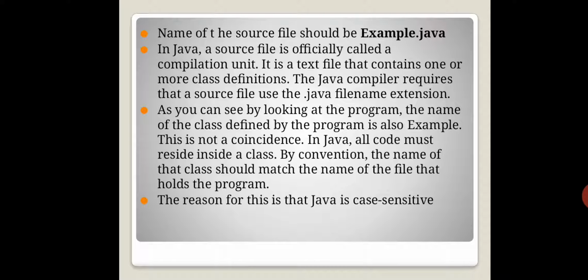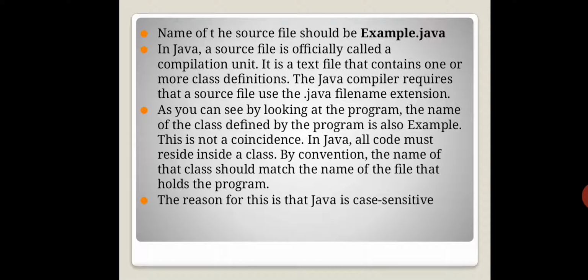The next point is, as you can see by looking at the program, the name of the class defined by the program is also Example. This is what I was just trying to explain. In Java, all code must reside inside a class. By convention, the name of that class should match the name of the file that holds the program. Everything has to be inside the class.